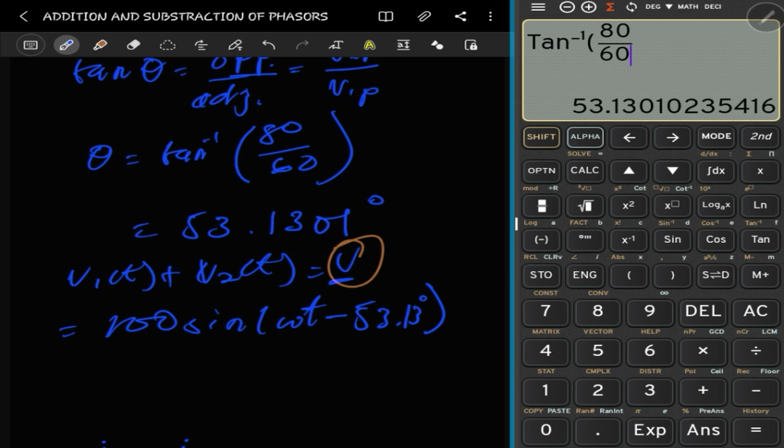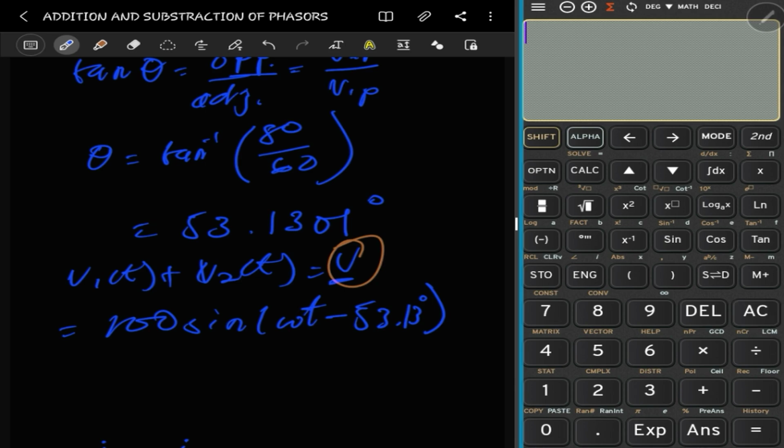Let's see if we can convert it. 180 is pi, right? So this 53.13, what will it give us? 53.13 over 180, so this will be the value.